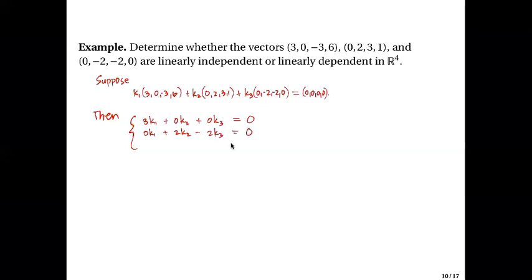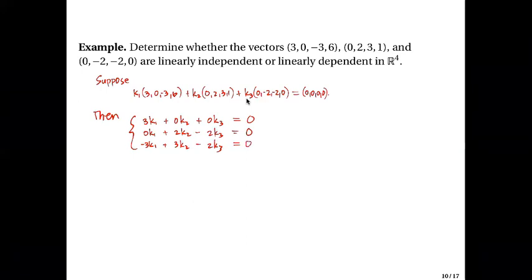And then for the third component, you have negative 3 times K1 plus 3 times K2, and then minus 2 times K3. This is equal to 0.